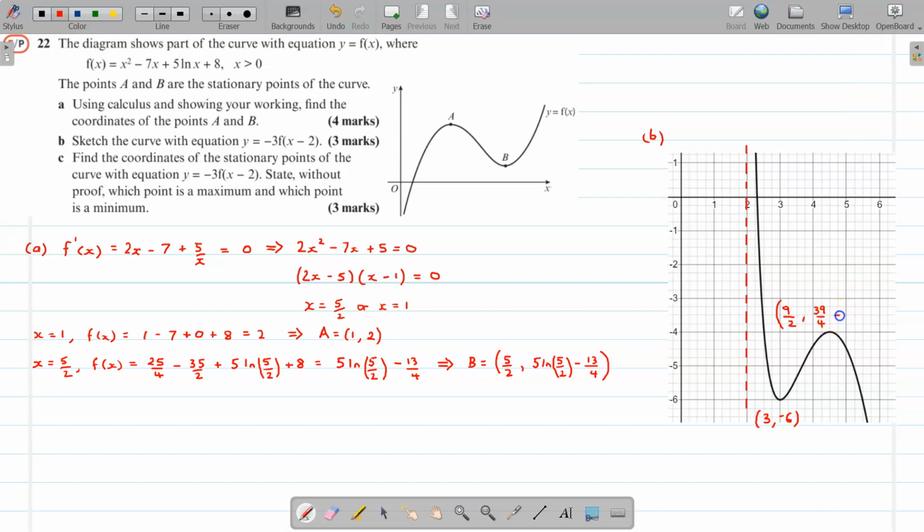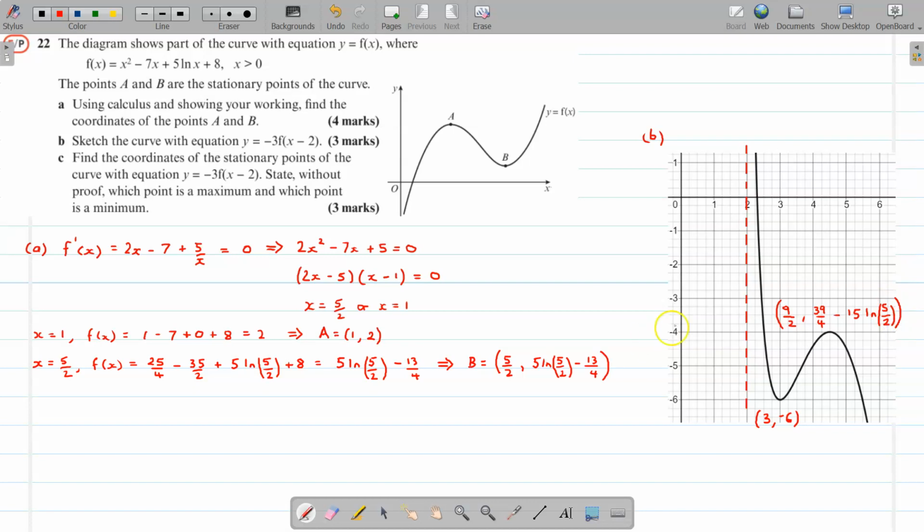And what was positive was the 5 log 5 over 2, which now becomes negative 15 log 5 over 2. Lots of brackets here because you really do need the brackets around the log argument. Like that. But then, of course, you need the closing bracket for the coordinates as well.